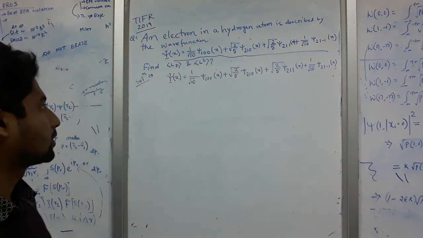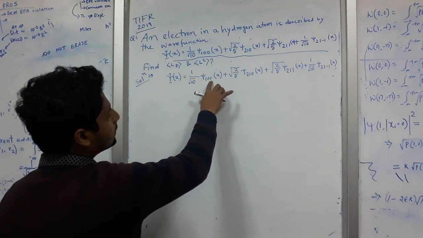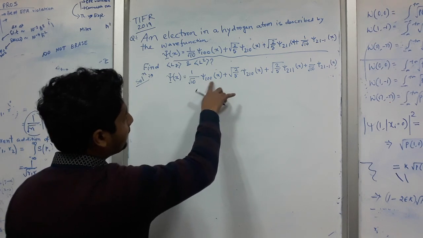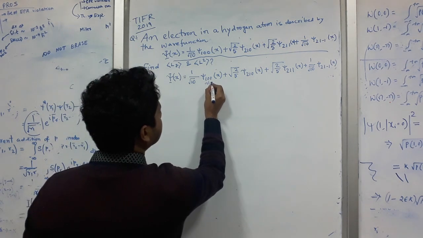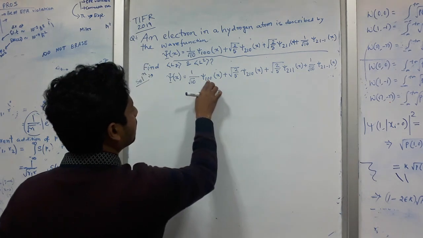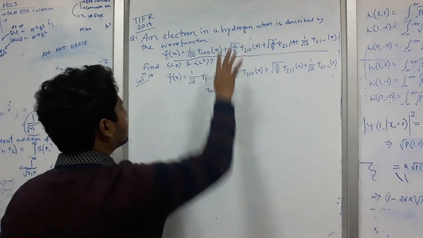So this is the wave function, and here 1 0 0 means n is 1, l is 0, m is 0, so it is n l m. Psi n l m is actually the eigenstate of an electron in the hydrogen atom.